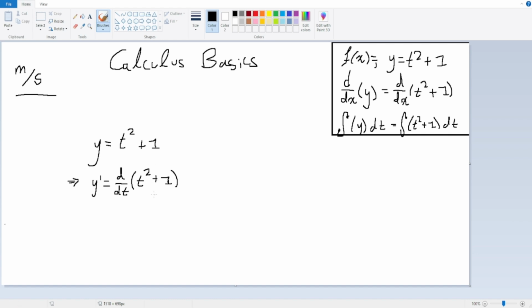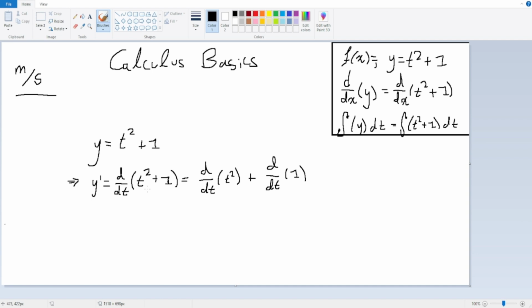But then we see that there are two things in our function here. So what should we actually do with this derivative? Well, derivatives are distributive. And so we are able to write this as the derivative with respect to t of t squared plus the derivative with respect to t of 1.